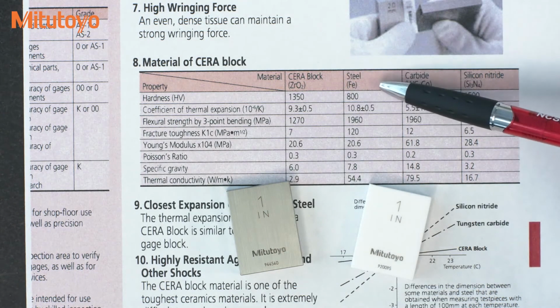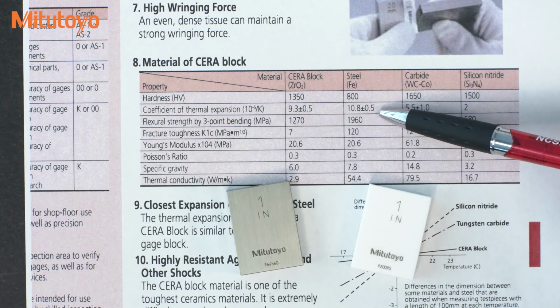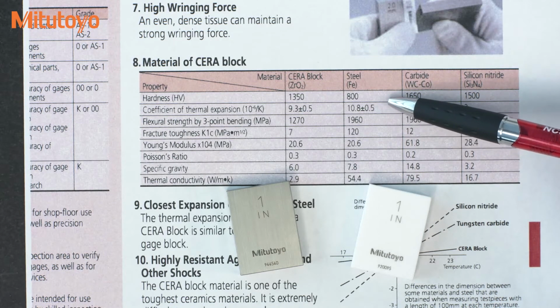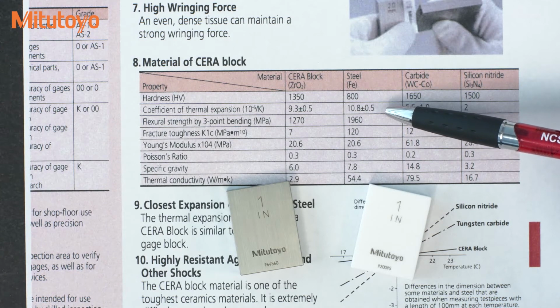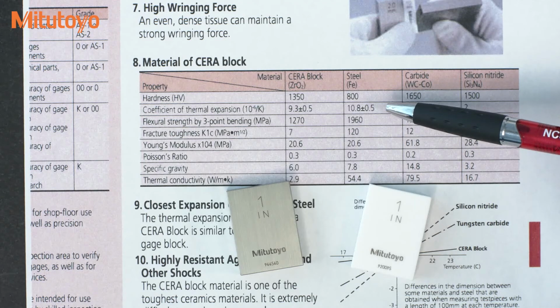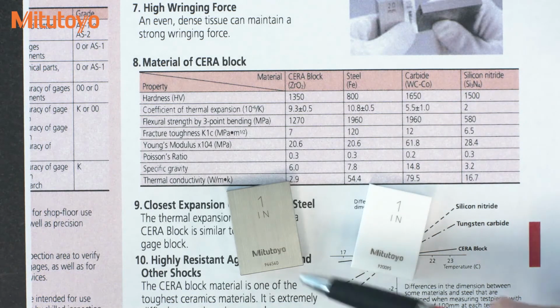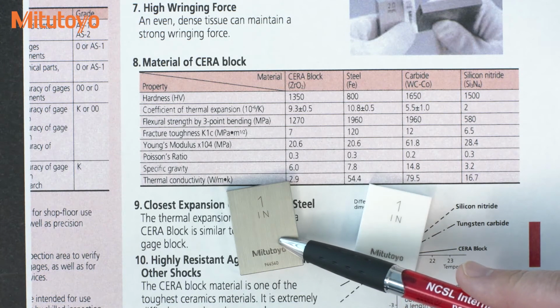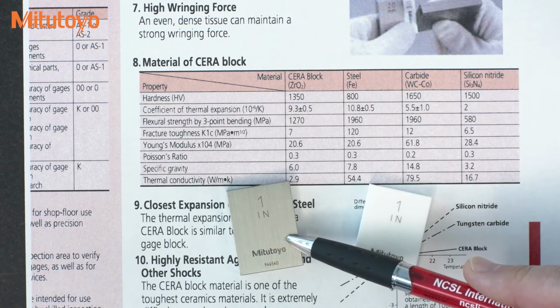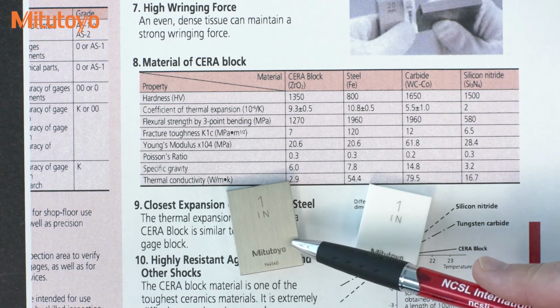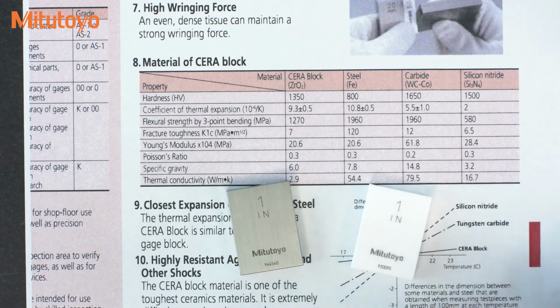Our steel gauge blocks expand at 10.8 parts per million per degree Celsius. That means 10.8 microns per meter, or 10.8 millionths, or 10.8 microinches per inch for every 1 degree Celsius of change. At 21 degrees Celsius, this 1-inch steel gauge block will have grown 10.8 millionths of an inch bigger than at the reference temperature of 20 degrees C.